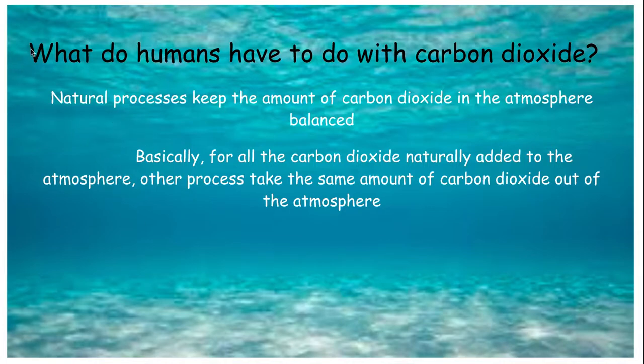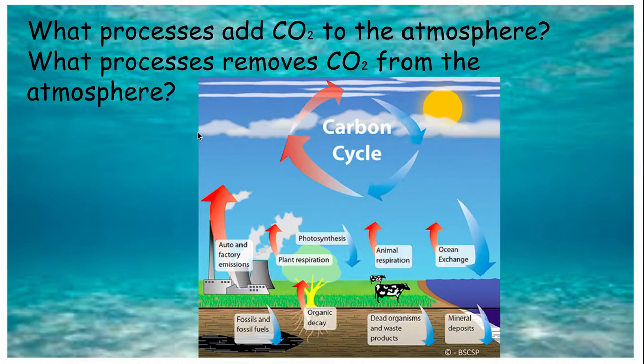So there's always been this happy balance of carbon dioxide in the atmosphere and carbon dioxide in the waters, in the biosphere, and in the geosphere. Okay, so everything's in nice and happy balance, and then we show up.